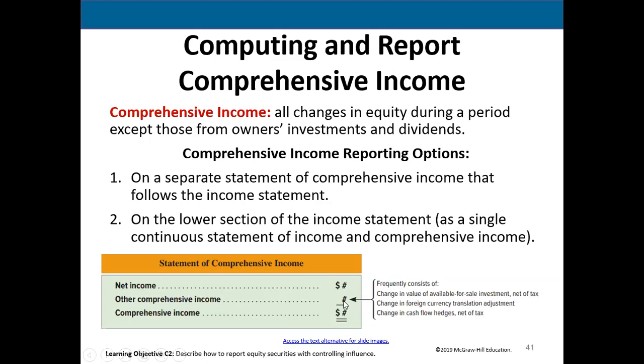Since we're not allowed to put that unrealized gain or loss from the available for sale investment directly on the income statement, we show it on this comprehensive income statement, so that decision makers know there was this other item that increased value in our company. We didn't report it on the income statement and put it in net income. Or it could have the opposite effect, a net loss.